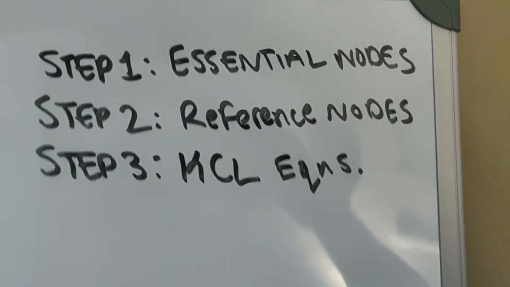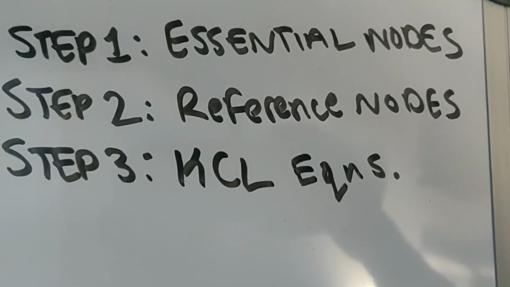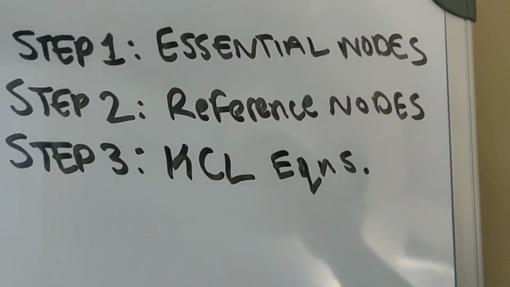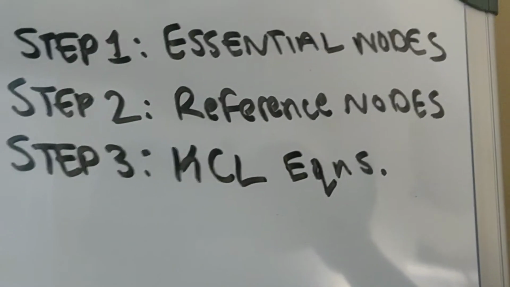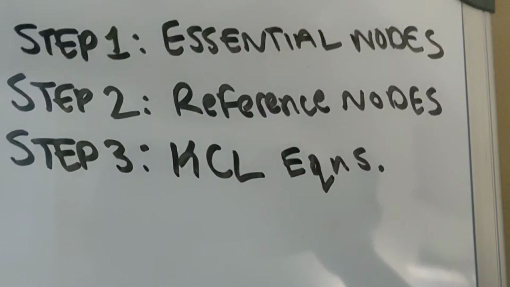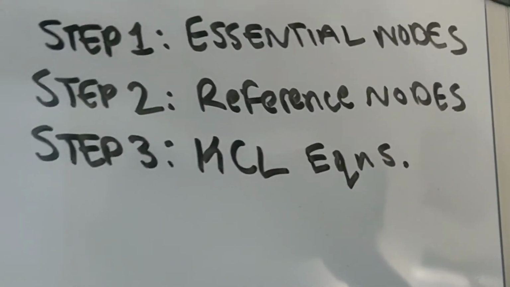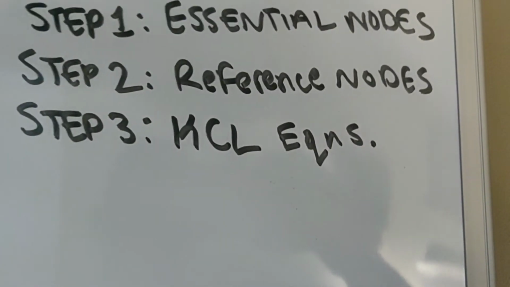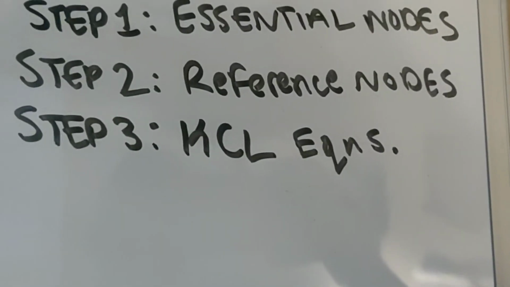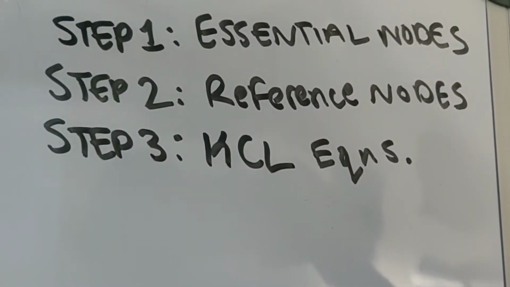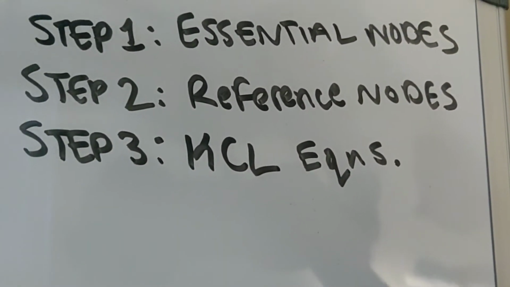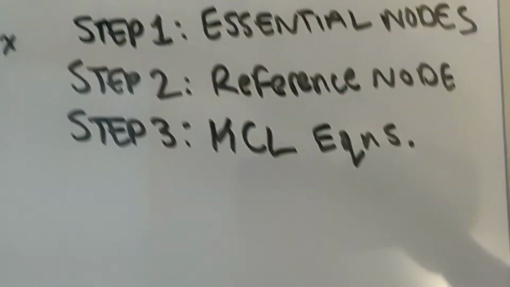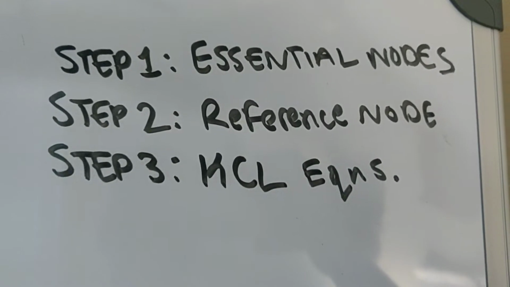Okay, so the way I was taught nodal analysis is in very few easy steps, and here I have them listed out. Step one is to identify your essential nodes. In fact, you should identify all your nodes, but your essential ones are definitely what you're going to need to break down the circuit. Step two, you have to identify your reference node. Let me go ahead and erase that S, because it's just one node. You just have one reference node that you're going to identify.